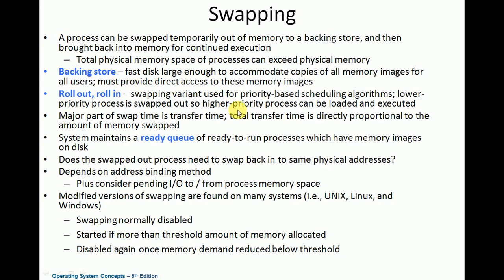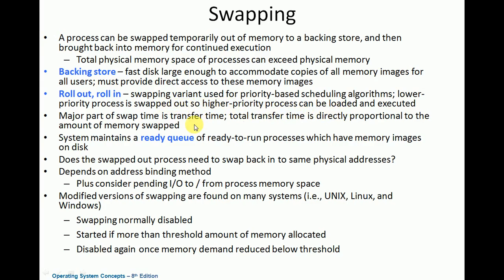For example, take a priority based scheduling algorithm. There will be different processes running in the system having different priorities. The highest priority process will be executed first as compared to the lowest priority process. One technique we can adopt here is that a lower priority process can be swapped out, or rolled out, so that a higher priority process can be loaded and executed.